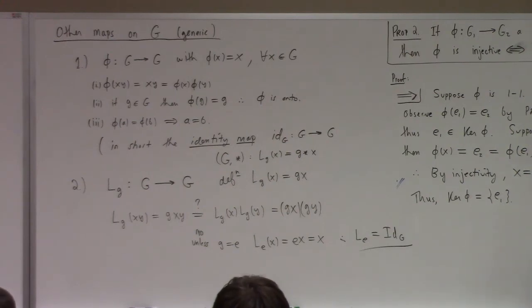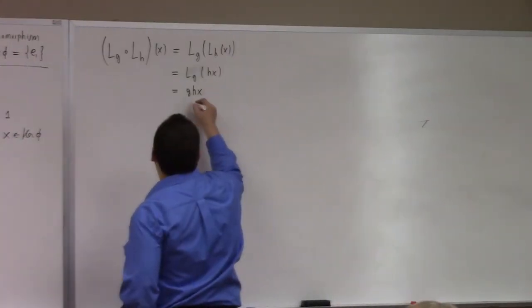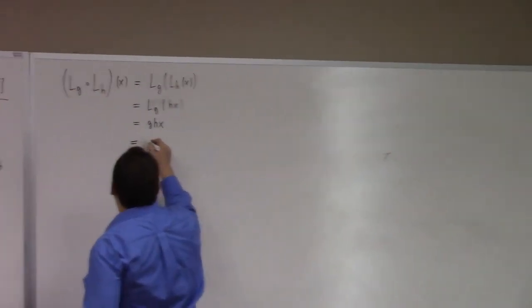So let's look at what happens if we take L_g composed with L_h and act on x. That would be like L_g of L_h of x, right? Which would be L_g of hx, which would be ghx, which would be what?